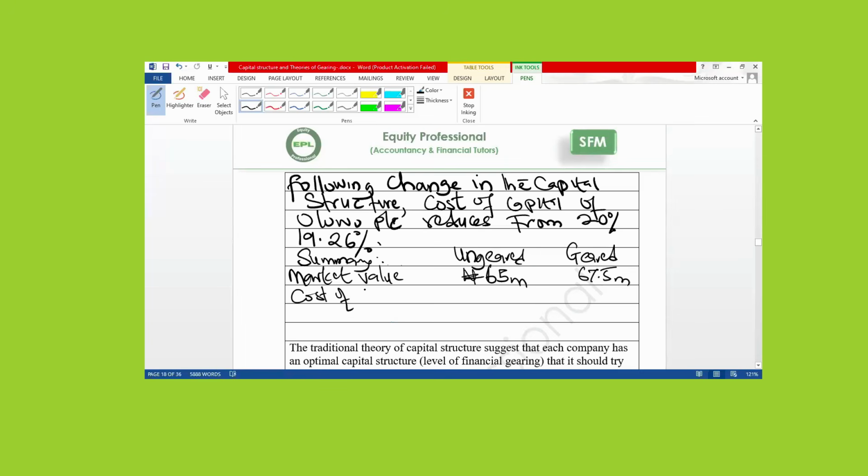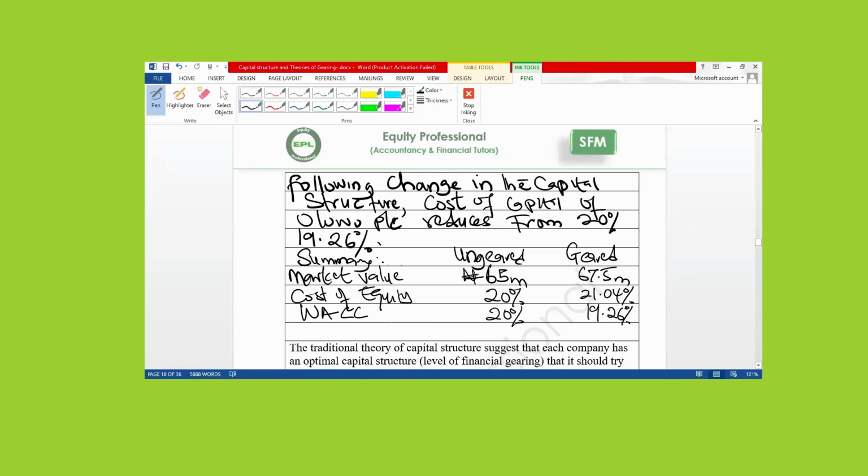Cost of equity: 20%, 21.04%. Weighted average cost of capital: 20%, 19.26%. This is a summary of our computation.